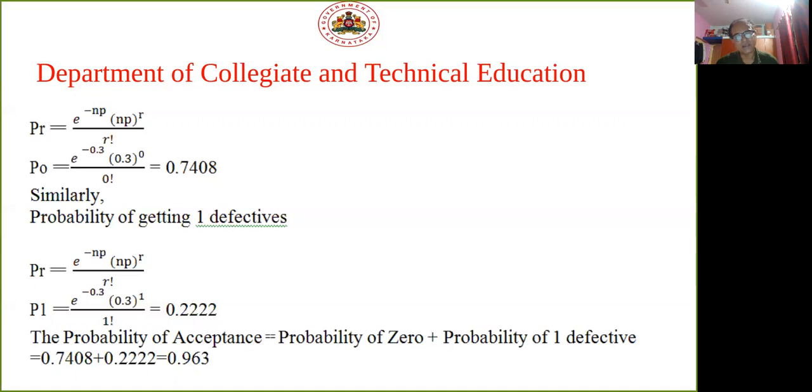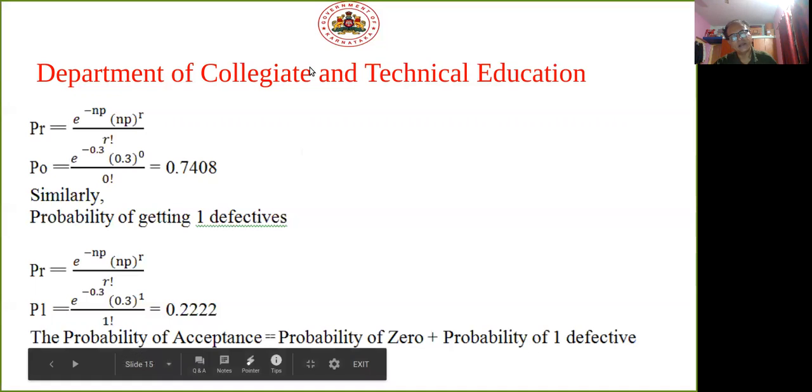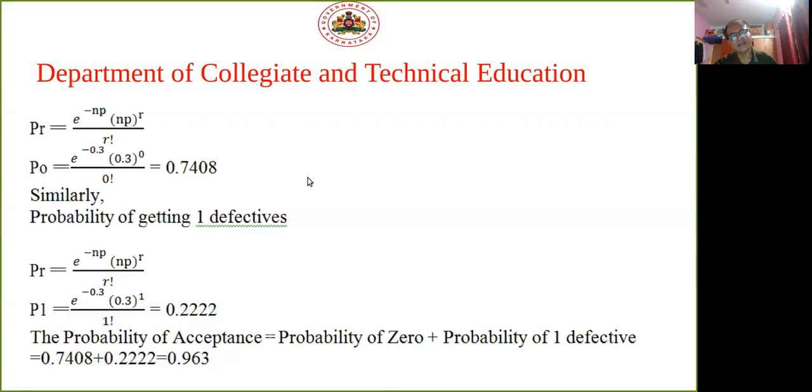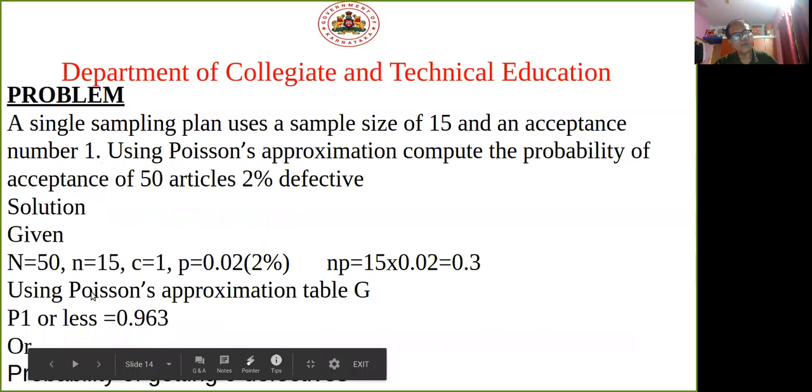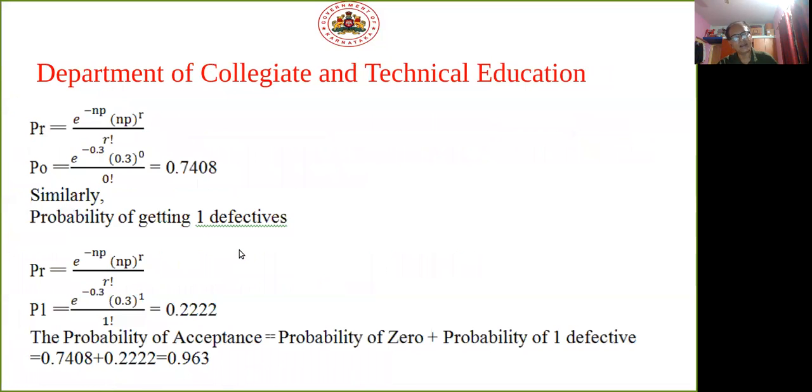When you add these, you get 0.963, which matches the value we obtained from the Poisson approximation table.